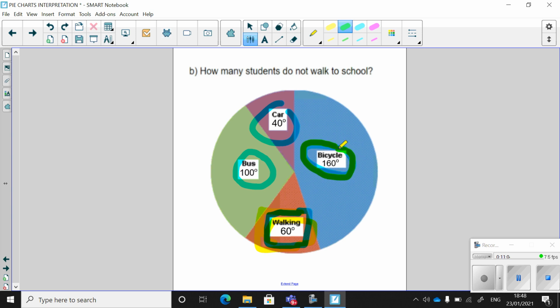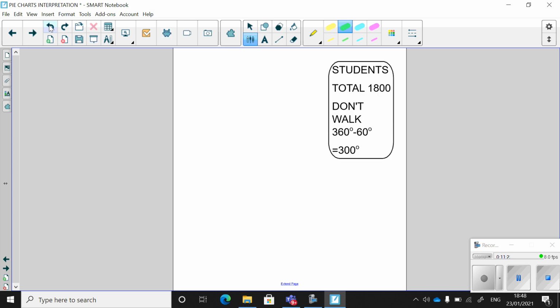But you know 360 minus 60 is going to be the same as 100 add 40 and 160. Hopefully that is the same answer. Right, so however you do it, the angle of interest here is 300.